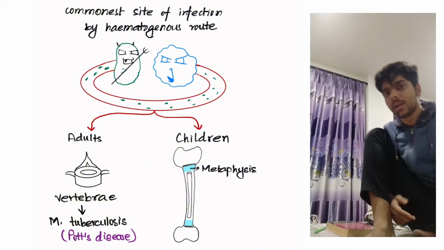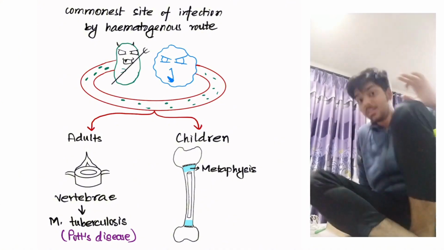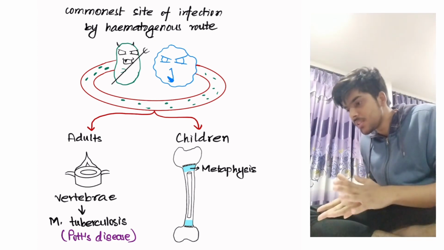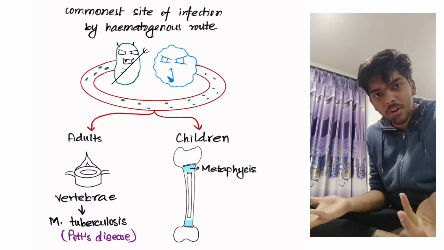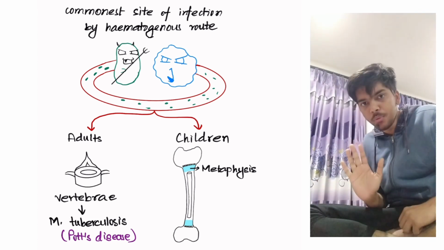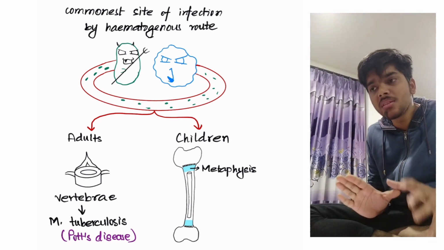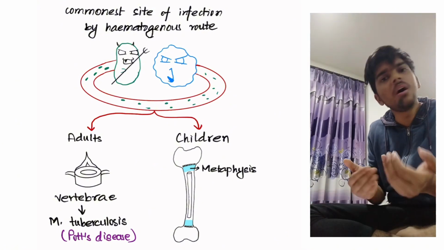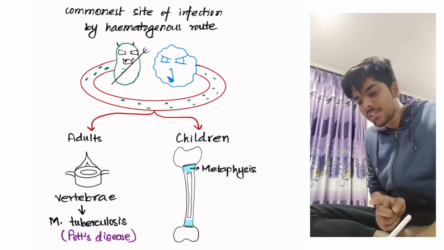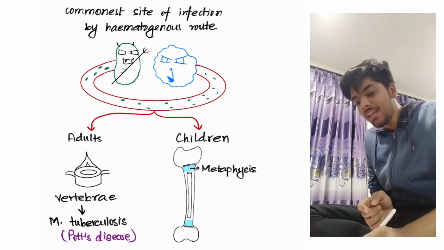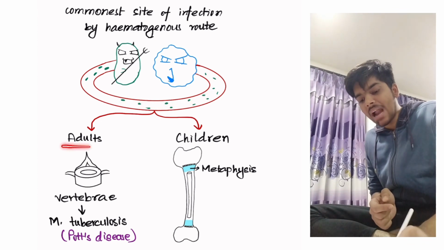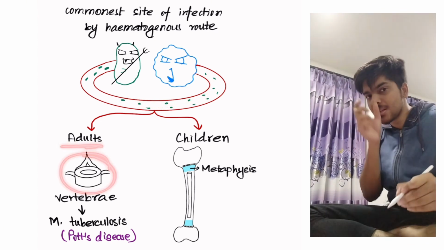Get it? Okay, again. Listen carefully. Mycobacterium tuberculosis can cause pulmonary tuberculosis, which is the tuberculosis of the lung, or extrapulmonary tuberculosis, which is tuberculosis of organs or parts other than the lungs. Let's say Mycobacterium tuberculosis in this particular condition evades the immune system and through the circulatory system in adults reaches the vertebra or the spine.